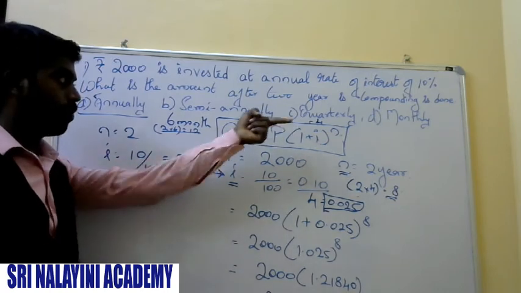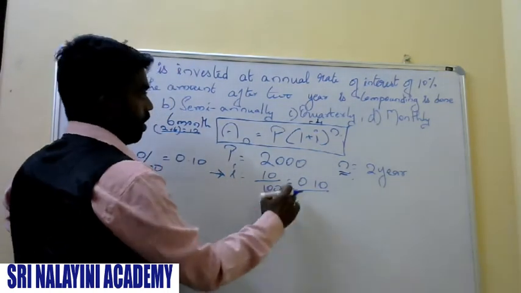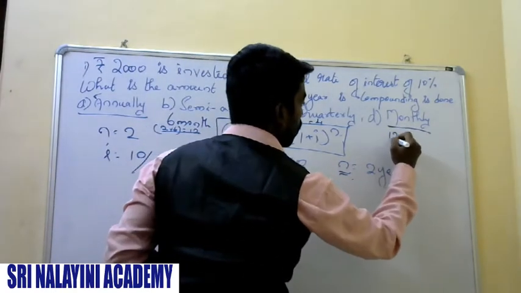So take notes. I am going to take monthly. In monthly, 12 months is equal to 1 year.